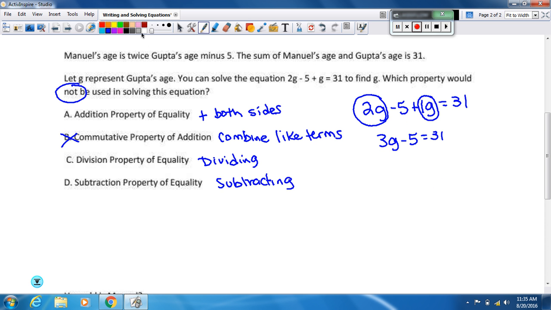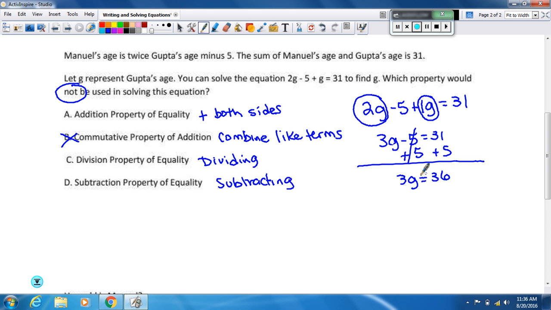Now the next step would be to cover up the letter to figure out what you need to do next. We have to get rid of a negative 5. The opposite of negative 5 is positive 5. So we are going to have to add 5 to both sides. Because the opposites are going to cancel, 3G equals 36.